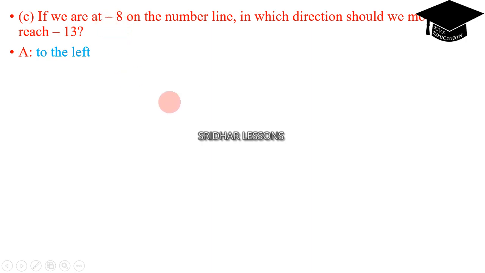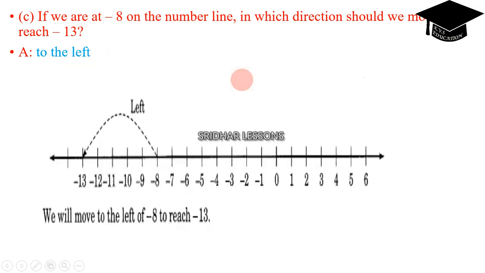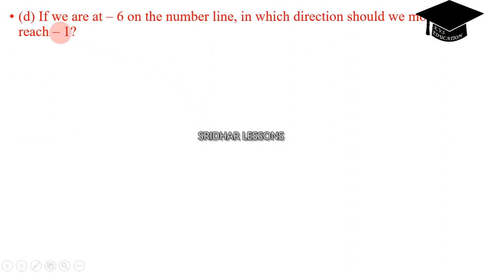So for the given number, if we want to get smaller values, we have to move to the left, as we have discussed earlier. Like this, left side. Question D. If we are at minus 6 on the number line, in which direction should we move to reach minus 1? Right side.